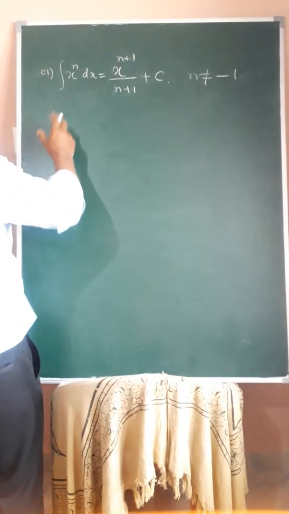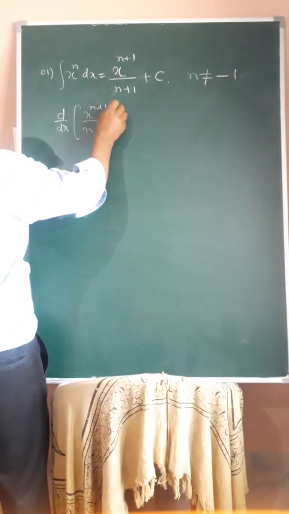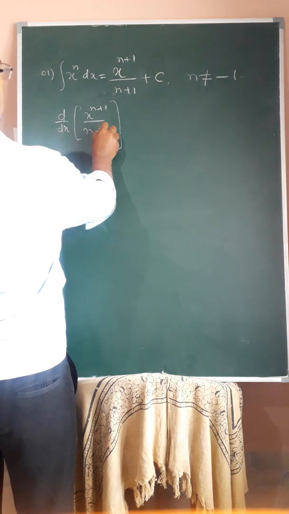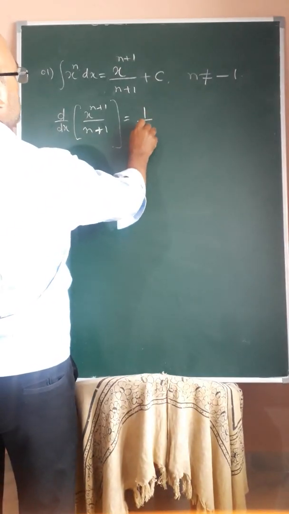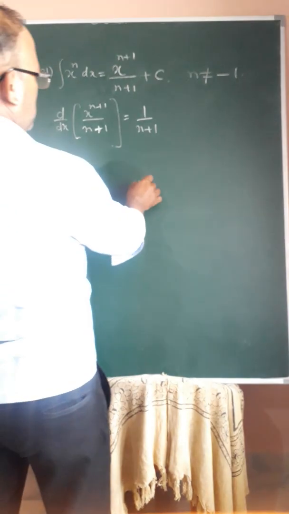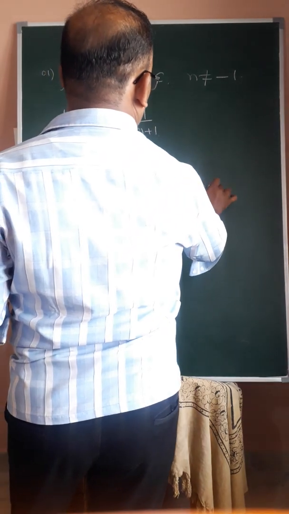If you take the derivative of this, that is d by dx of x to the power of n plus 1 by n plus 1. The term n plus 1 is constant, so I take it outside. For x to the power of n plus 1, the differentiation rule says the derivative of x to the power of n is n into x to the power of n minus 1.